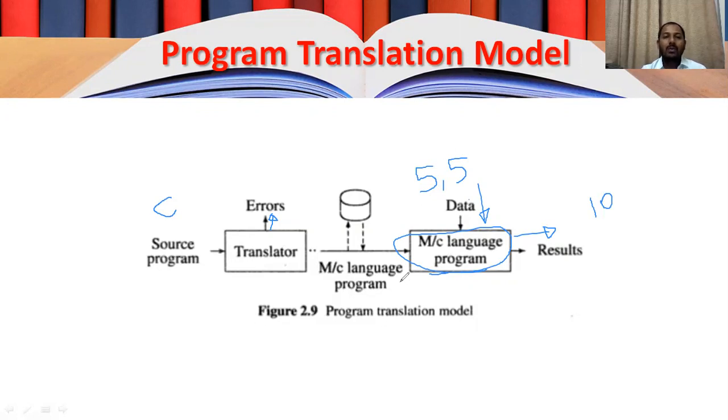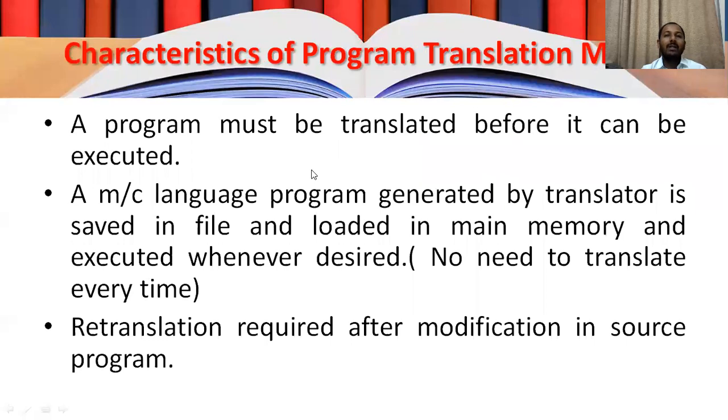The programs which we have done in the C language and C++ language use this model, called the program translation model. What are the characteristics of the program translation model? The first characteristic is that whenever we write a program, it is to be translated first before execution.